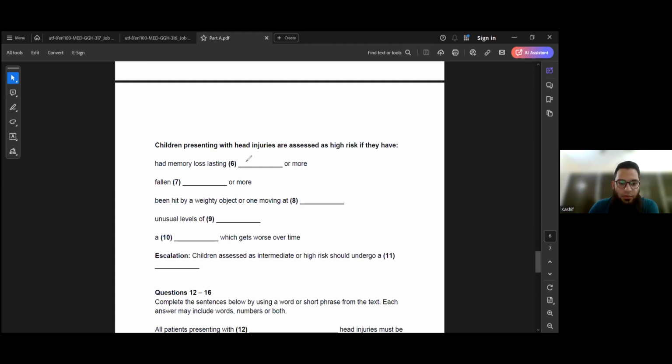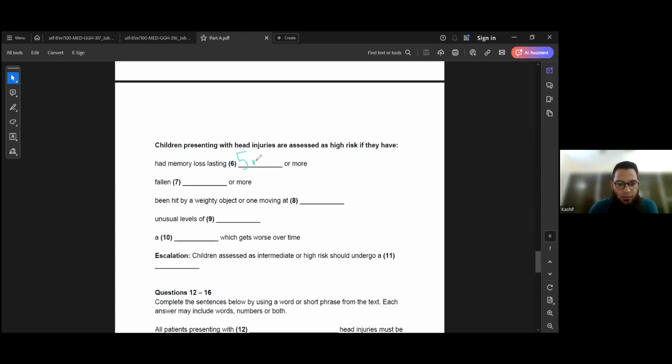Children presenting with head injuries are assessed as high risk if they have memory loss lasting 5 minutes. Now, it can be written as 5 minutes, it can be written as five in letters and then minutes, or as the figure 5 and then minutes. All of these are acceptable.